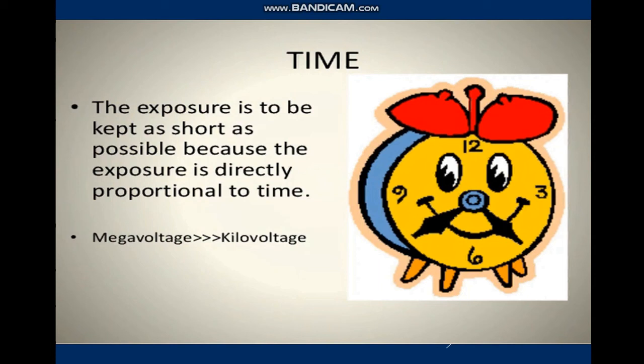Therefore, to limit a person's dose, one can restrict the time spent in the area. How long a person can stay in the area without exceeding a prescribed limit is called the stay time.